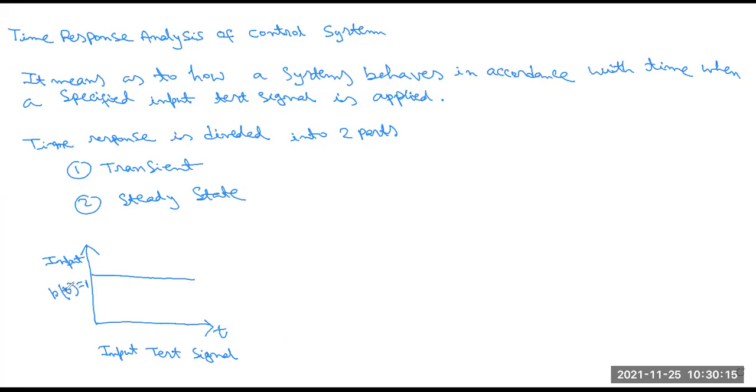When r(t) equals 1, that is my unit step input. When we discover the output response, the output also changes, first as a transient response and in the later part as the steady state response.